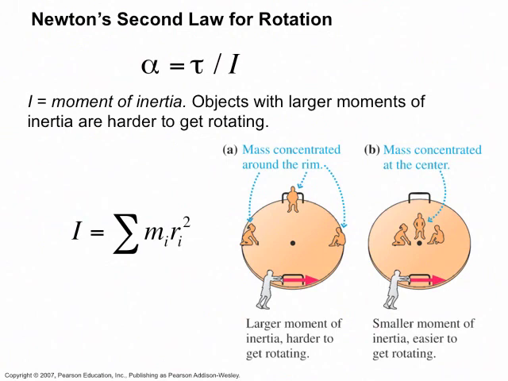So if the kids are sitting 10 times as far away in A as they are in B, then 10 times R is what we would square, and I equals m times 10 times the value of R squared. So I would be 100 times as great in A if the kids are sitting 10 times farther away. The rotational inertia, the moment of inertia in A, therefore, would be 100 times greater, or more difficult to get rotating in A by a factor of 100.